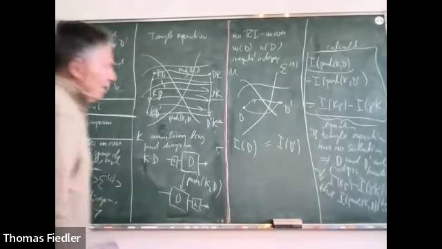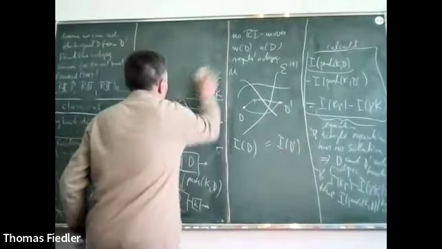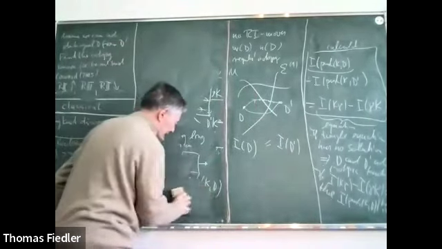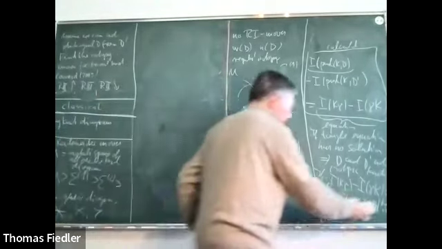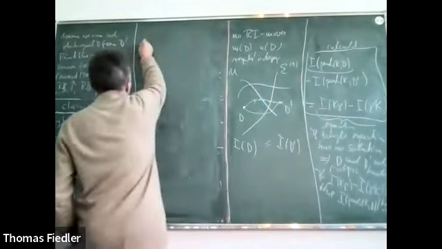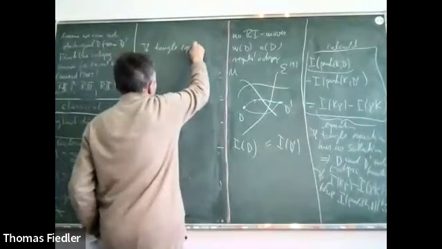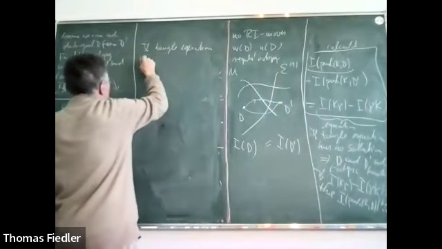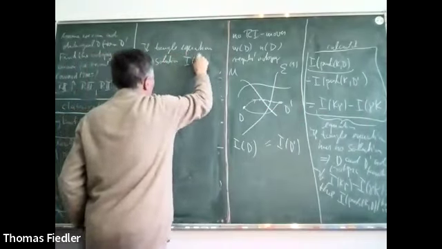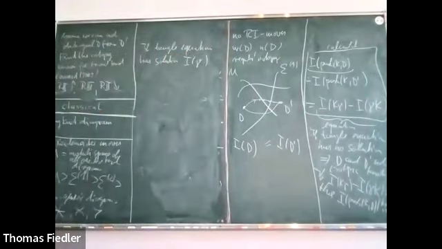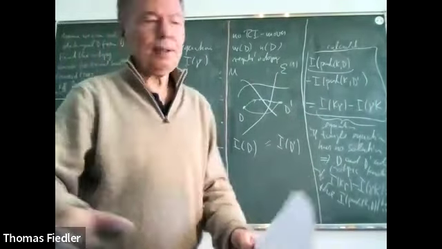And if the tangle equation has a solution, so we find E gamma, then it gives us quantitative information about the isotopy.